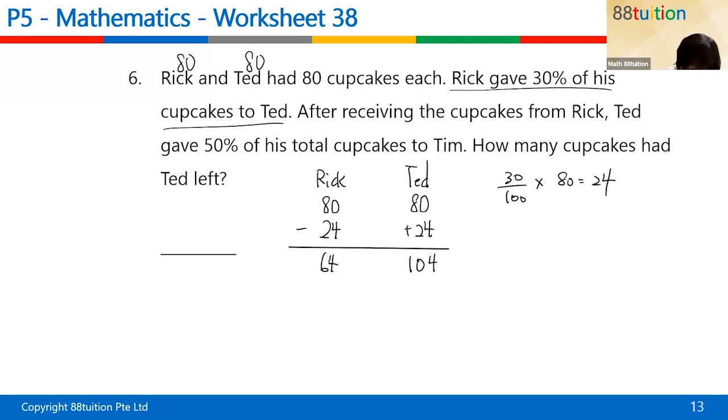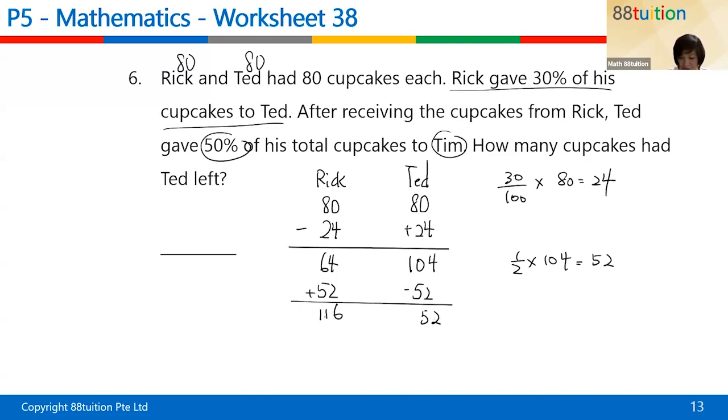Rick will have 56 only. Now, what do you mean by 50% to give it to Tim? So 50% means half. That means he must have given 52 plus 52, so that this will end with 52 and this will end with 116. So how much that Jeff has left will be 52 here. Okay, so just that simple.